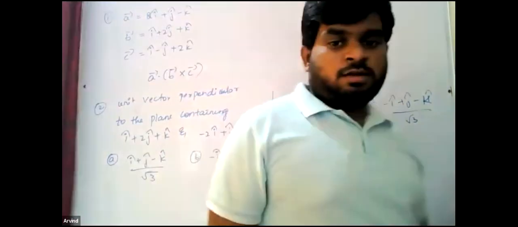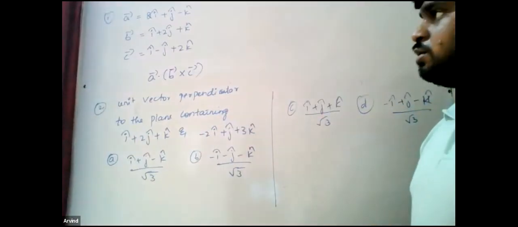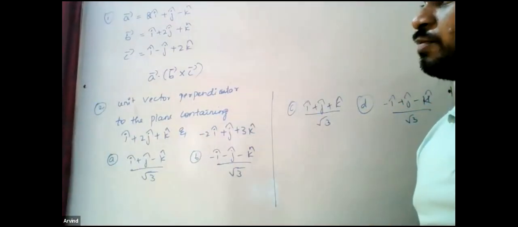So just the first one, did you do A dot B cross C? 6i minus j plus k? Okay, let me check it.